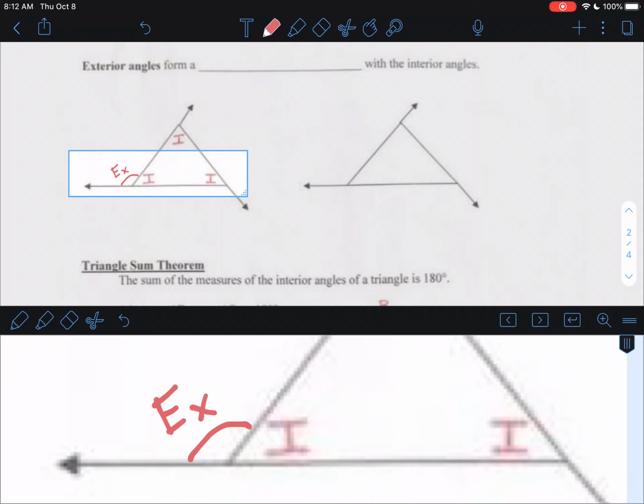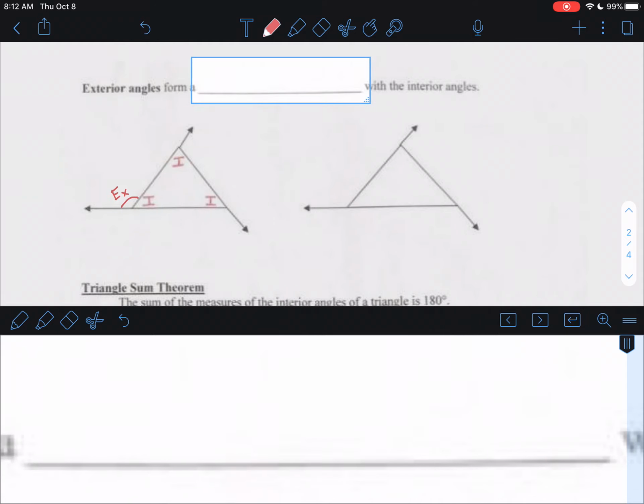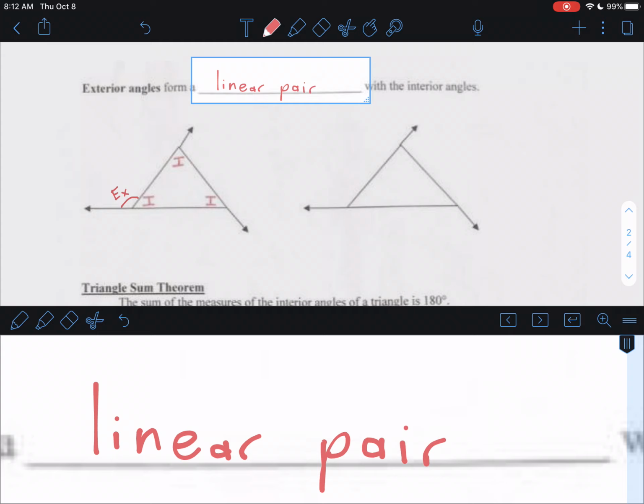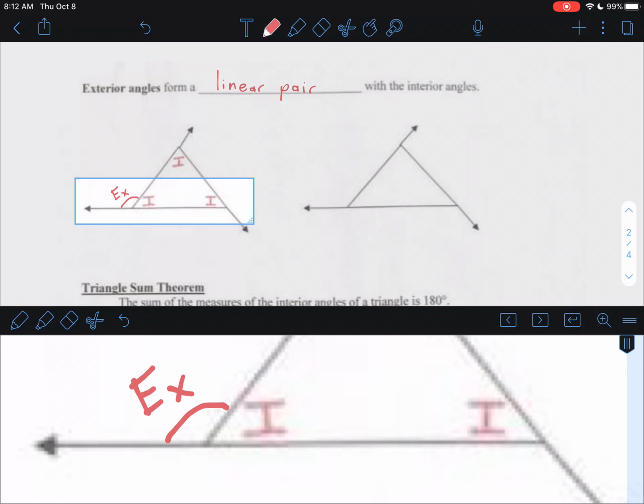And we can see that the interior angle and the exterior angle there are right next to each other on the same line, which means they form a linear pair, which we've learned before. And linear pairs will be supplementary. So always keep that in mind. That if you were to extend the leg of a triangle, and then we have an exterior angle formed, and we have the interior angle, those two angles are going to add up to 180 degrees.